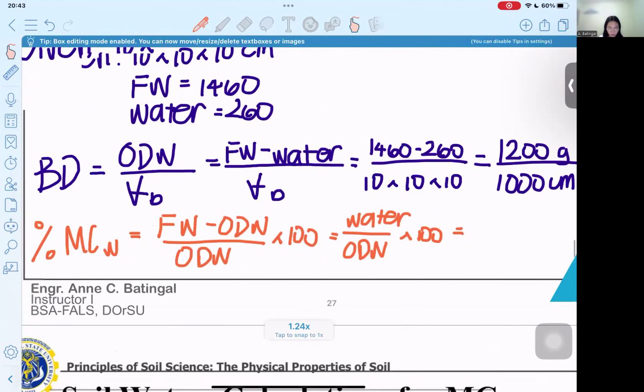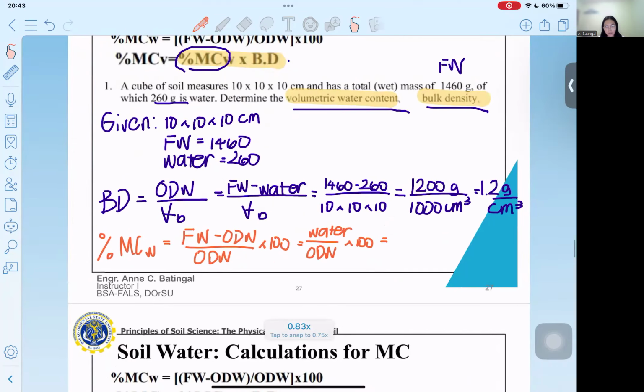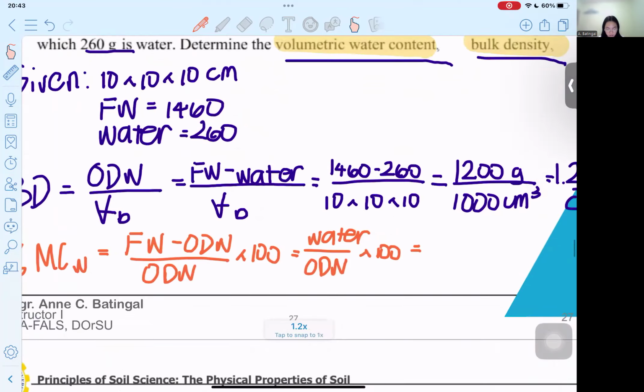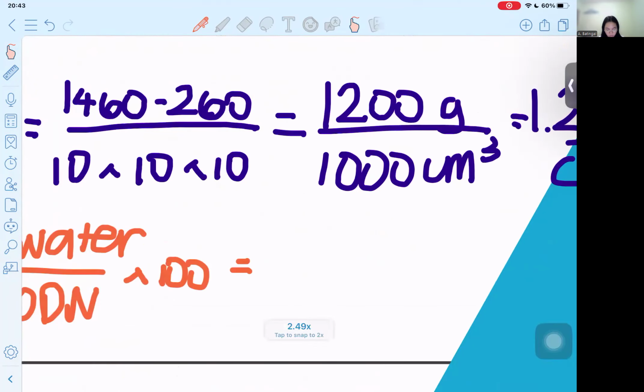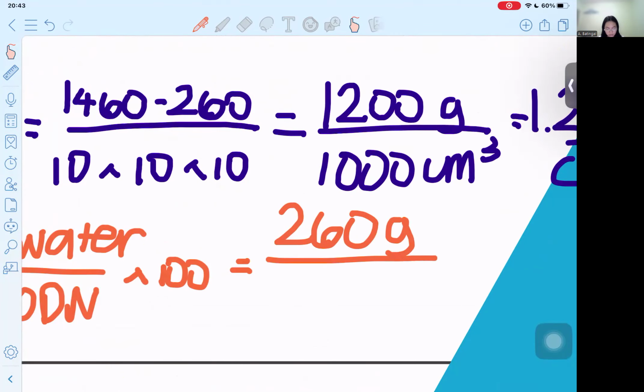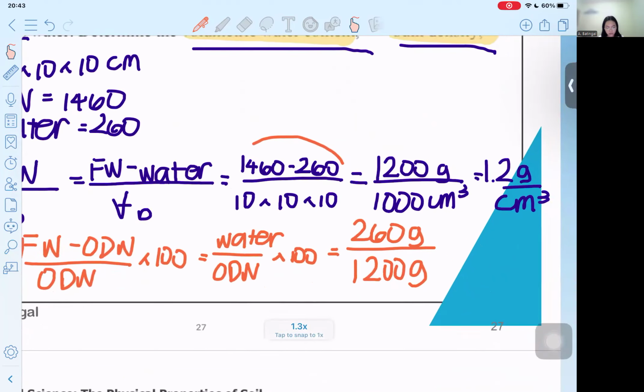So, ang amount of water is 260 grams. Kaya ang fresh weight nato is 1,460. Ang oven dry weight, bawas lang nato ang 260 sa fresh weight. So, water is just equal to 260 grams, divided by your oven dry weight. Asa gikan ang 1,200? Again, 1,460 minus 260 is the oven dry weight.